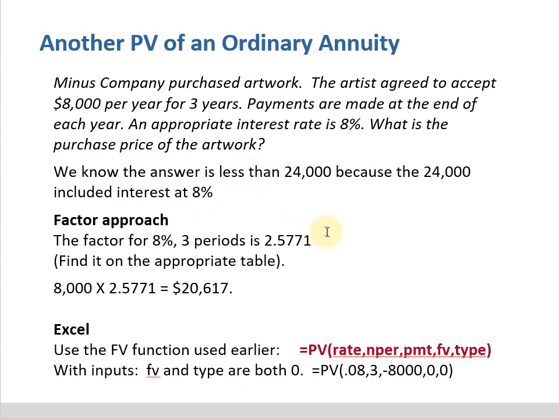If you go to the table and look up the factor for present value of an ordinary annuity for 8%, 3 years, you'll come up with this factor, 2.5771, and if you multiply that times the annuity amount, you can see that we've determined the purchase price of the artwork to be $20,617. The difference between the $20,617 and the $24,000 would be the interest that Minus Company paid to the artist.